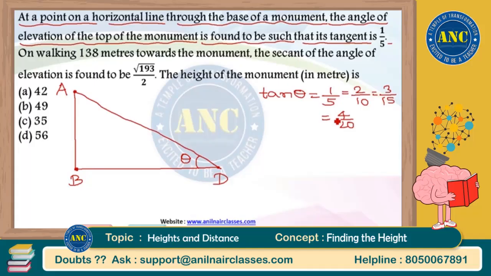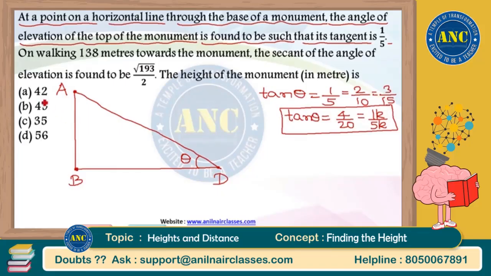In other words, tan theta can be written as 1k divided by 5k, that is, in the ratio of 1 to 5, like 2 by 10, 3 by 15, etc.